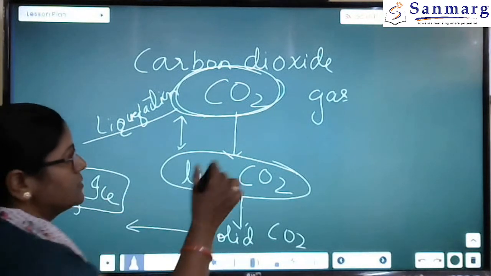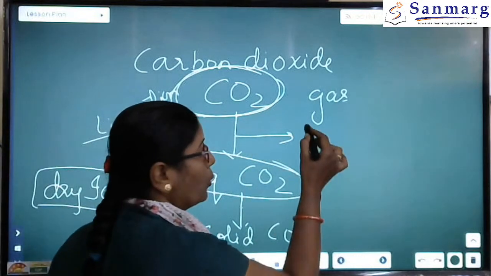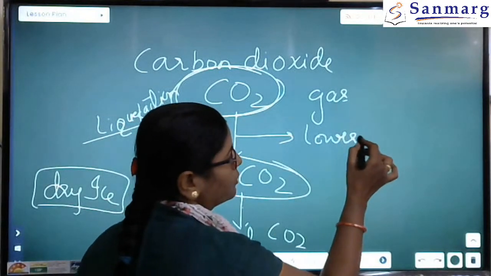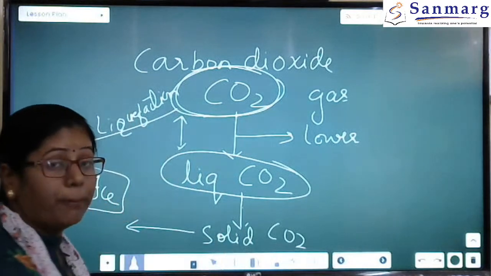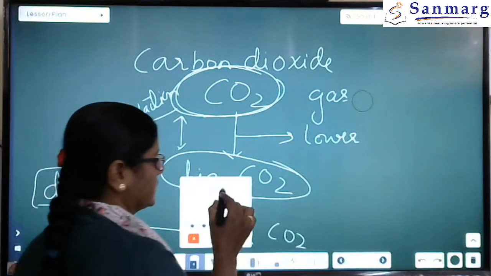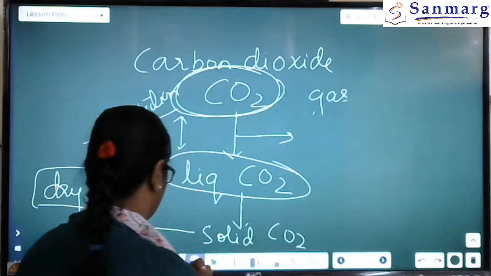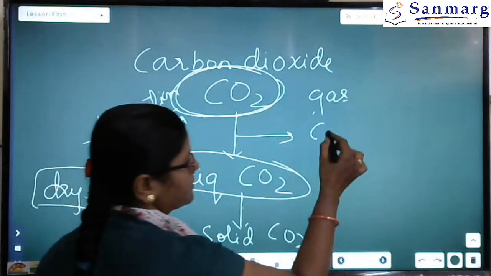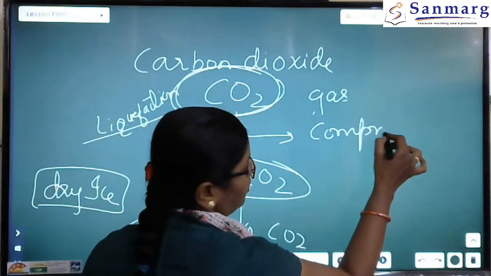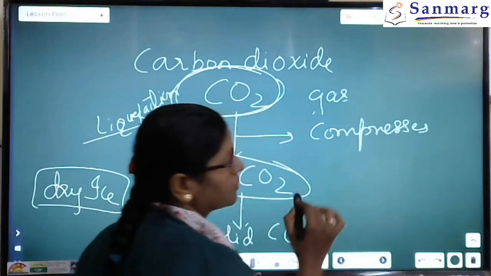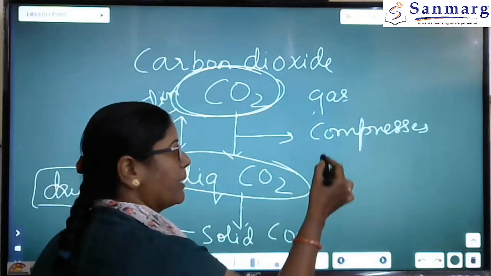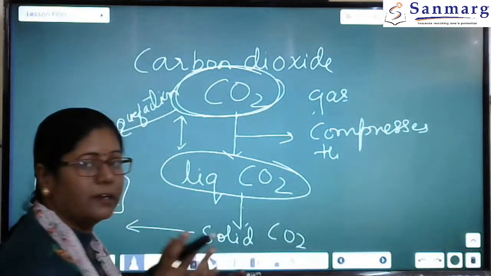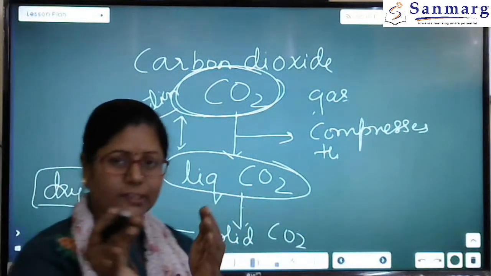Here this is done by lowering temperature or applying high pressure, compressing. We have to compress it, means high pressure. Compressing, so that is applying high pressure. We are compressing the gas molecules.